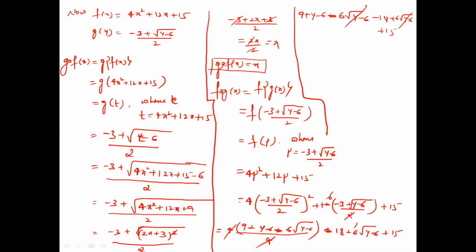What about the next one? 9 minus 6, what is the value? 9 minus 6 means 3. 3 plus 3 is 9, and 9 plus 18, what would this be? You get 15. So y plus 9 minus 6 minus 18 plus 15. Now I have to add this: y minus 6 and minus 18. What is the value? It is minus 24. Yes, I'm adding positive and negative values.